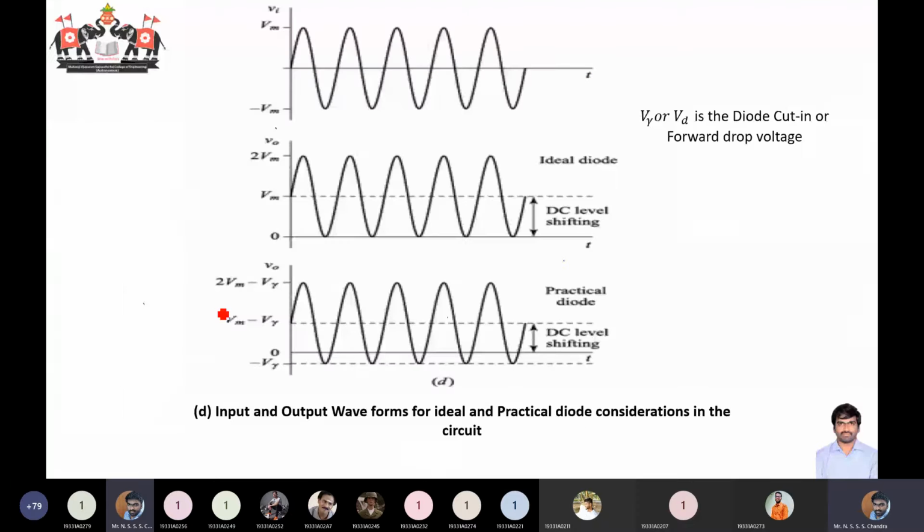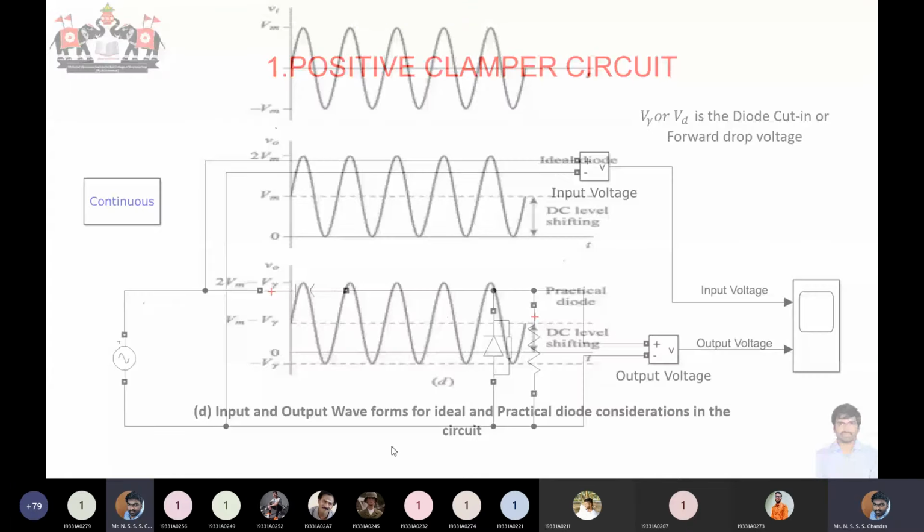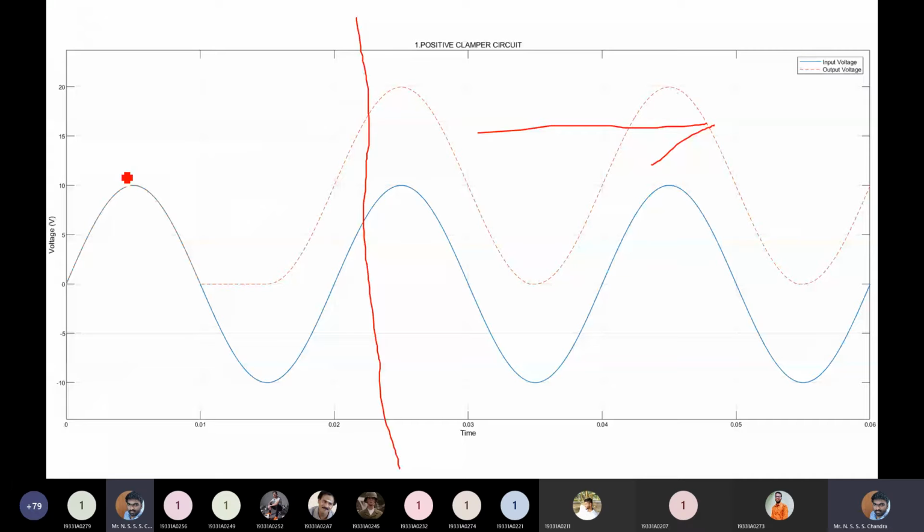So in the initial transients, he has not considered these waveforms. But if you want to be very specific, the waveform should have considered the first cycle also. In the first cycle, the output is very much different from the settled output that you see at the later stage.